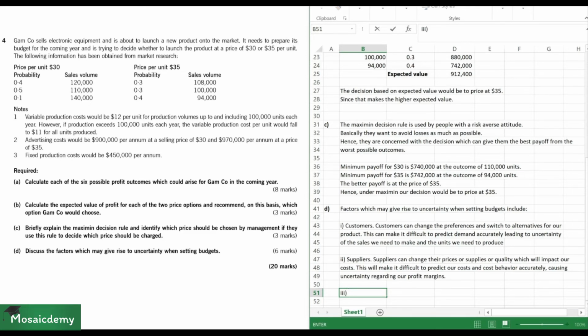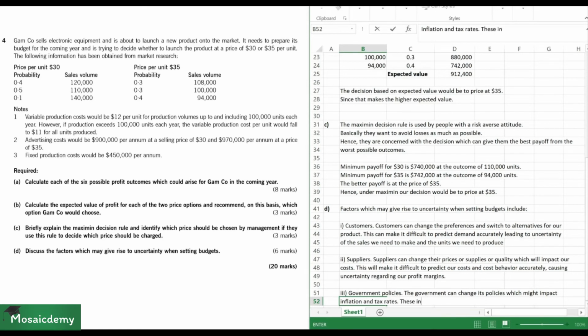So point 3, we've talked about customers, we've talked about suppliers. What are the stakeholders? The government, right? Let's talk about the government policies, right? The government can change its policies, which might impact inflation and tax rates.